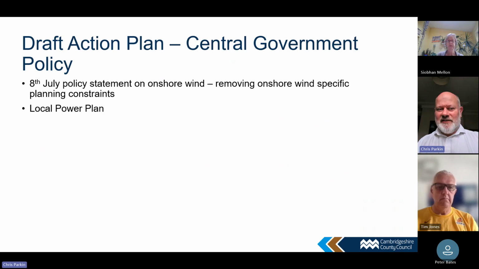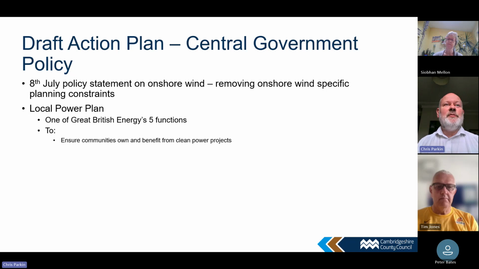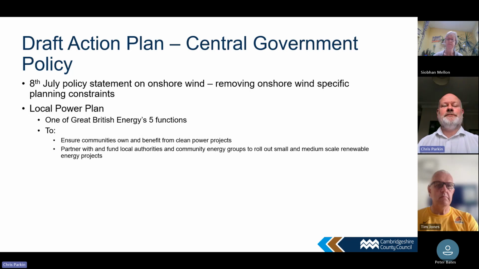The government's also announced that it will be producing a local power plan, and that's part of the new Great British Energy's responsibilities. The aim of that is that the local power plan will ensure communities own and benefit from clean power projects.